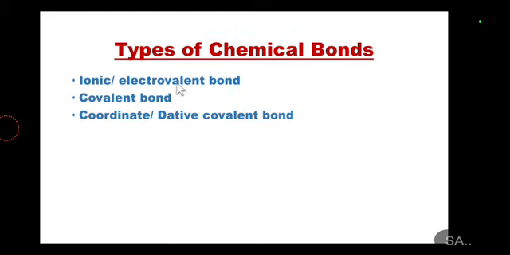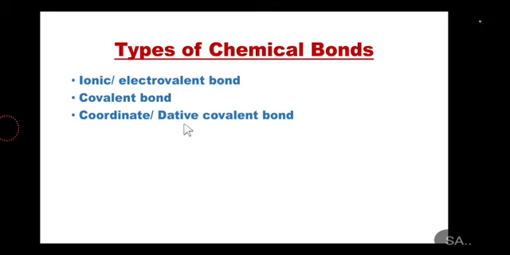Types of chemical bonds. There are mainly 3 types: the ionic or electrovalent bond, then the covalent bond, and the coordinate covalent bond or dative covalent bond. How are these types originating? They are basically originating due to the electrons.